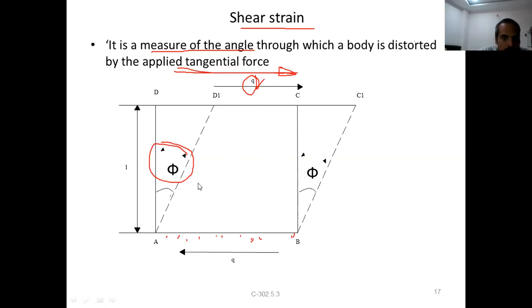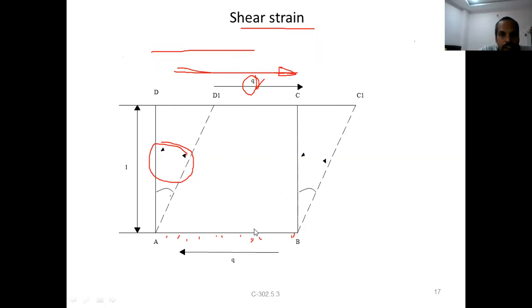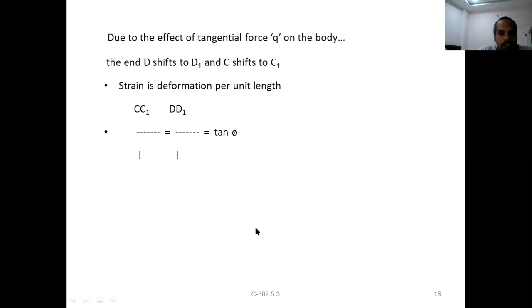This dimension is L, and this is DD1 by L. So CC1 by L is equal to tan pi. The angular deformation is usually expressed in radians.